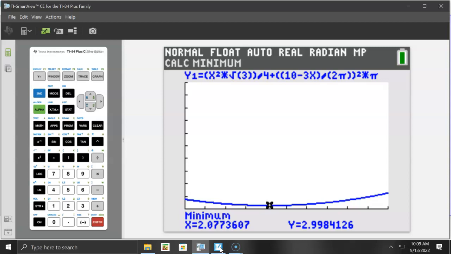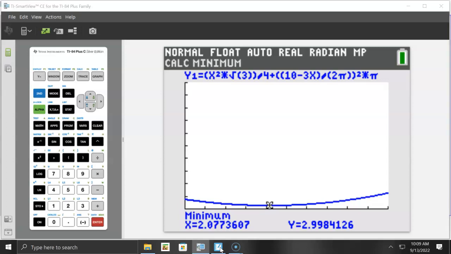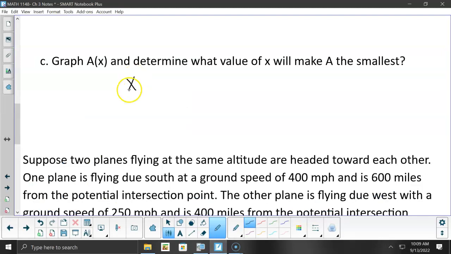So, second, trace, minimum. There you go. My minimum is like 3.006. That'd be fine, because mine doesn't go any lower than that. Are you using the left bound, right bound? You hit second calc, minimum is number 3.